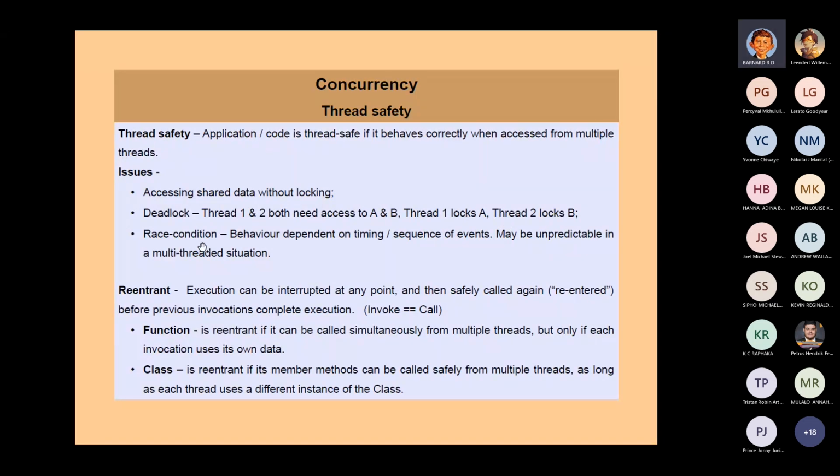Then you also get what's known as a race condition, which is behavior dependent on the timing or sequence of events. It may be unpredictable in a multi-threaded situation. In other words, if you get one thread that you would expect to be completed before another one, but for some reason that thread slows down and the other one speeds up, they might finish in a sequence that you didn't quite predict or would be unusual.